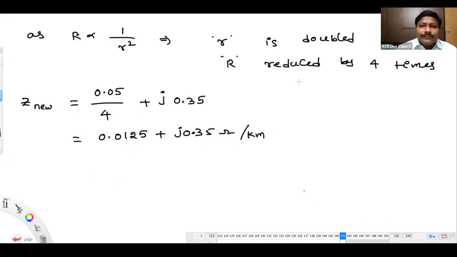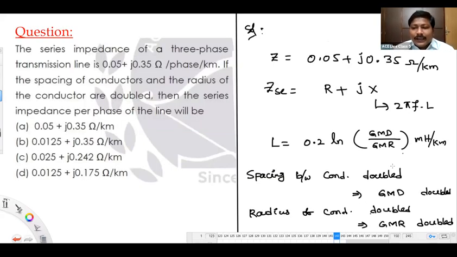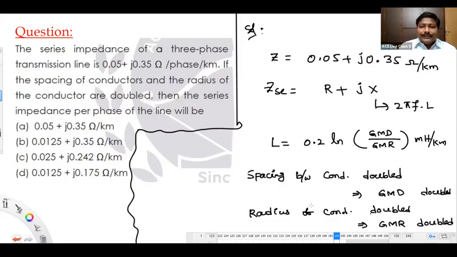I think all of you are getting this? So if the radius of conductors and spacing between the conductors are doubled, then there is no change in the inductance of the transmission line. What will happen to the capacitance of the transmission line because of this increase in spacing and radius? That is also not affected.